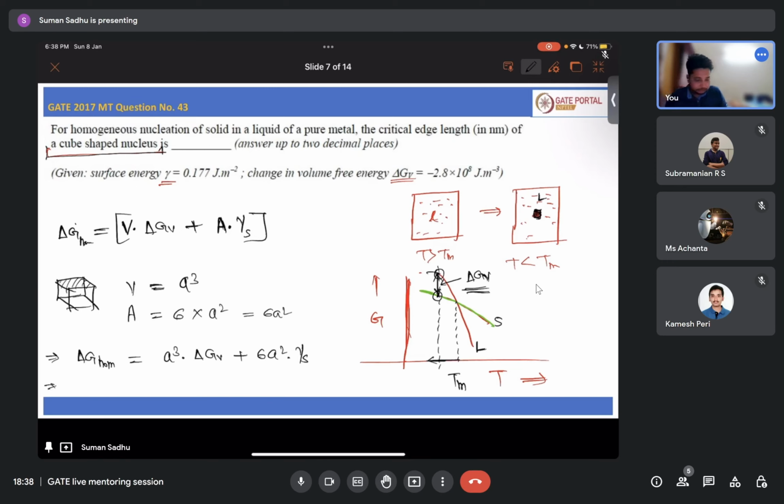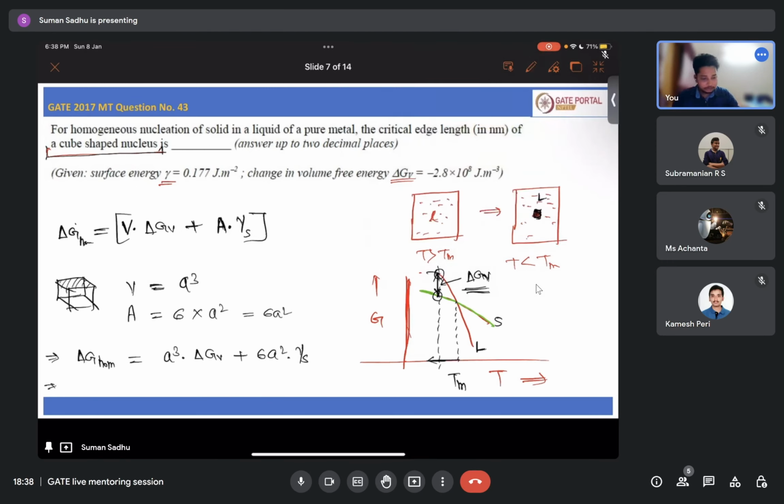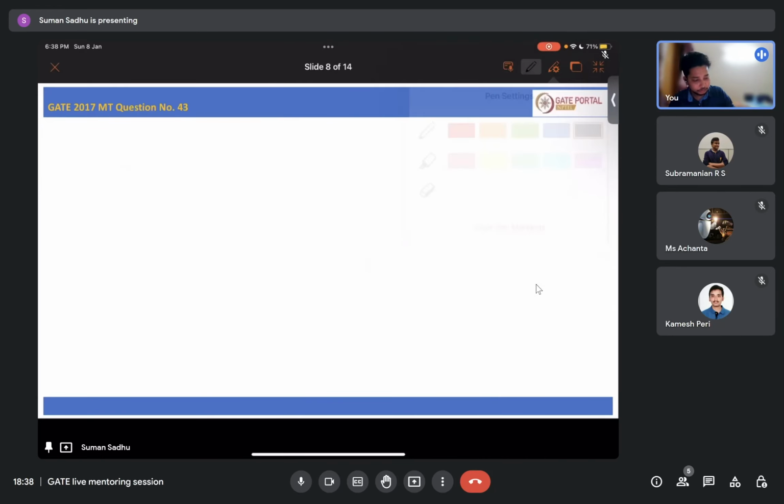Now, for the critical nucleus, what will happen? Let me draw that graph once again. I hope you people know this, but still. One is the negative part that is related to delta GV. This term is proportional to a cube, and the other is proportional to a square.